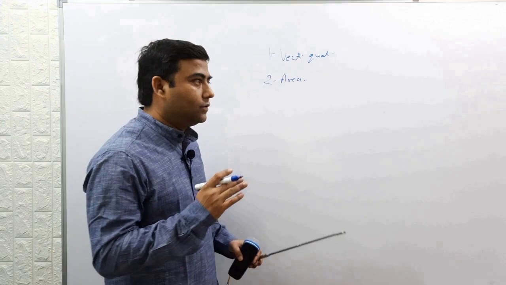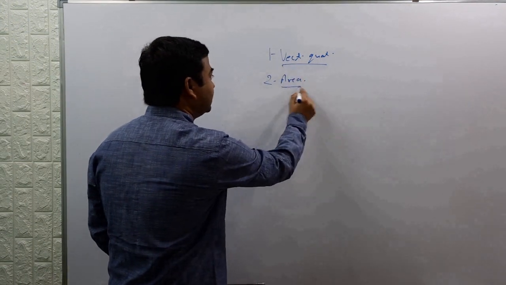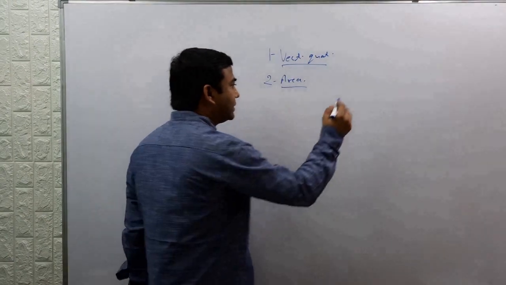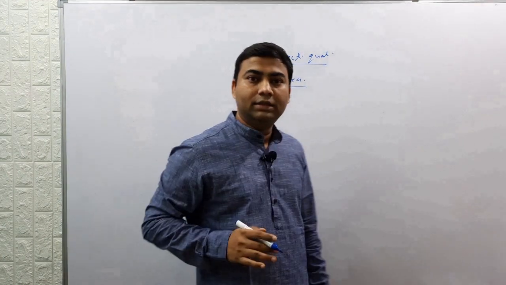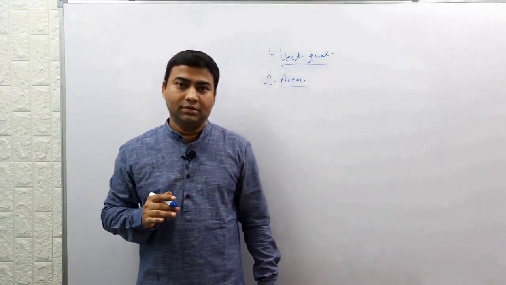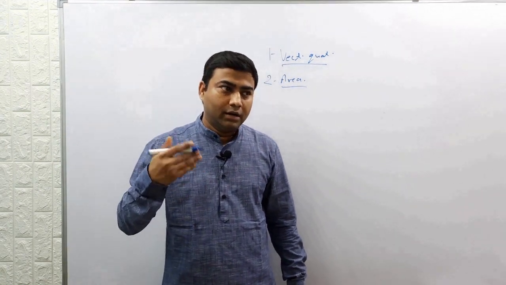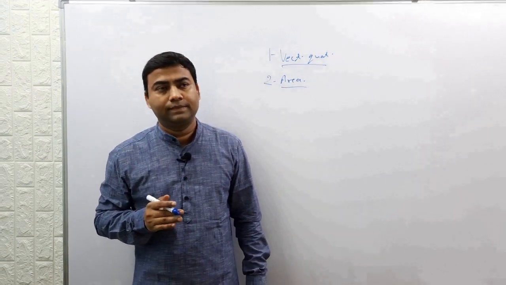Similarly, flux is defined for a vector quantity and a given area. So we know the vector quantities are displacement, velocity, forces, electric field, magnetic field, and gravitational field, and there are many vector quantities.